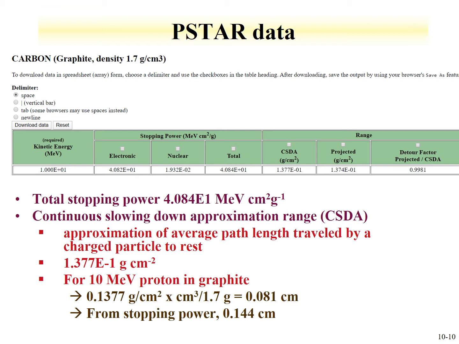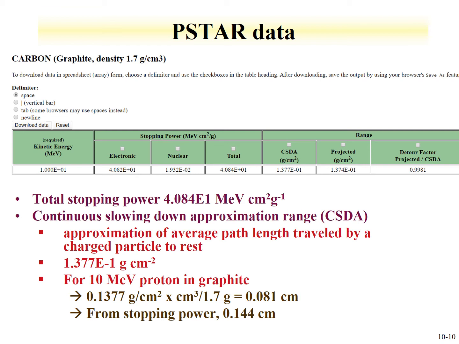So we could use this data here, and I just use the CSDA example here. Take this value. We know the density is 1.7 grams per centimeter cubed. Solve for distance in centimeters, we get 0.081 centimeters.